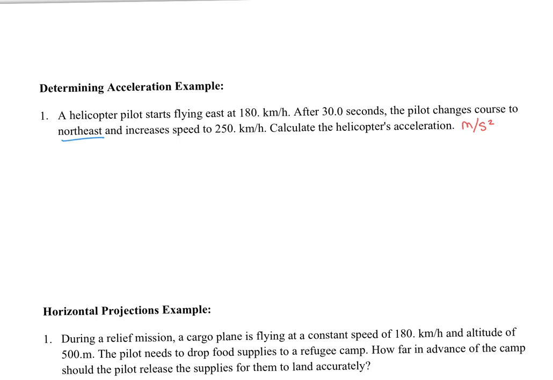So I'm actually going to start with that ending one. My ending velocity is at an angle. Northeast is a perfect 45-degree angle in the first quadrant. All right, so I'm going to keep them both positive, but I am going to do 250 kilometers per hour times the cosine of 45, and 250 kilometers per hour times the sine of 45.